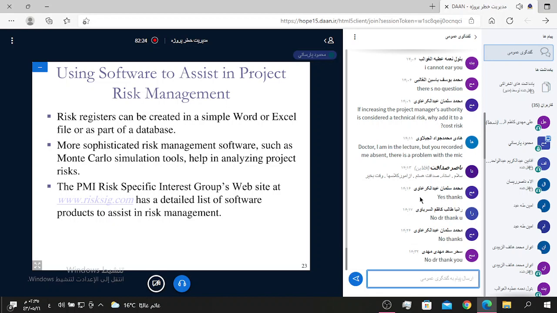Okay, we can use this address for an extremely complete list of the expert and suitable software for risk management.